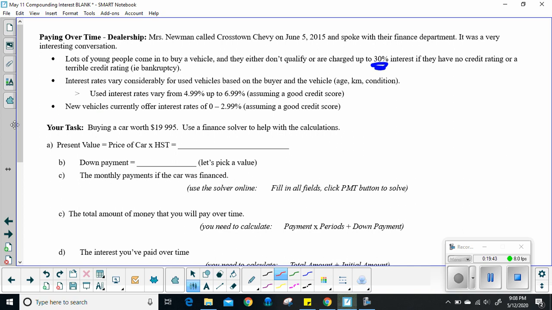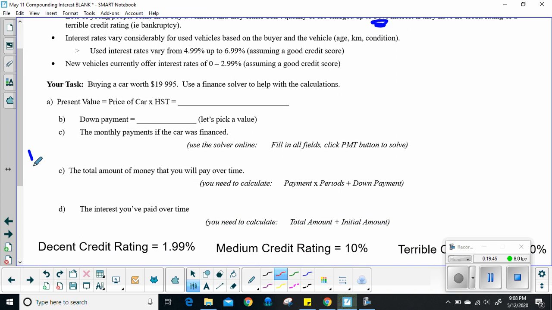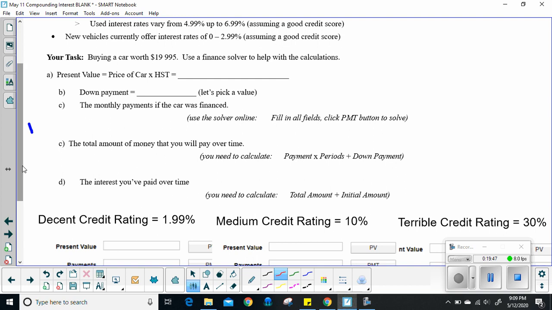So what we're going to do is buy a car. Let's say our car is worth $19,995. Let's multiply by 1.13 to figure out what we're actually being charged, because you have to pay tax. 19,995 times 1.13 equals $22,594.35 with tax.